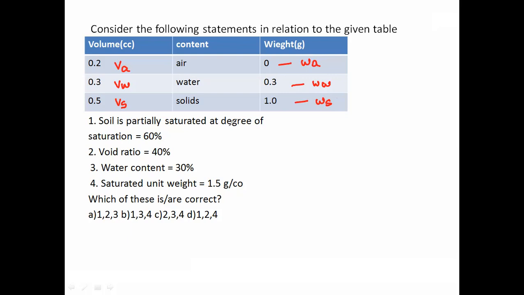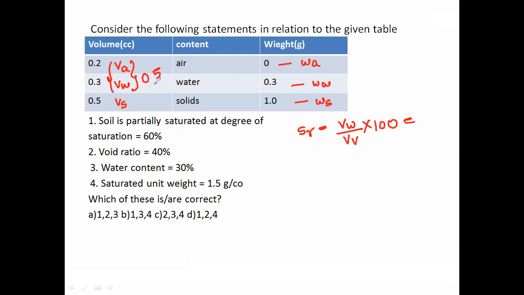He is asking you to find out whether the soil is partially saturated at a given degree of saturation. So what is the degree of saturation? It is nothing but volume of the water divided by volume of the voids into 100. VV is the total volume of the void; void consists of water and air.